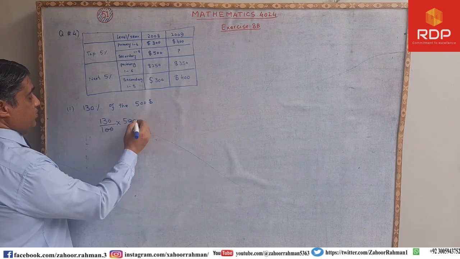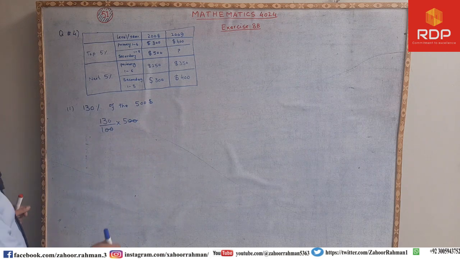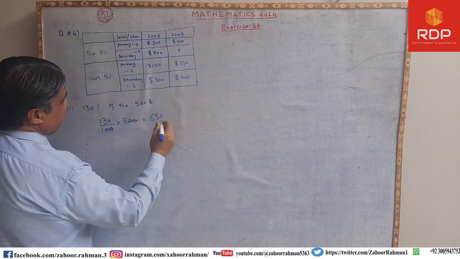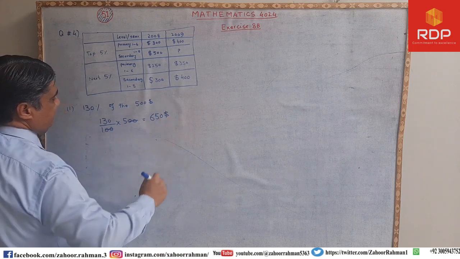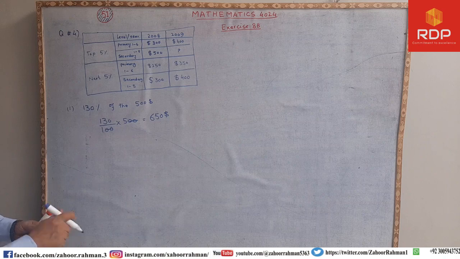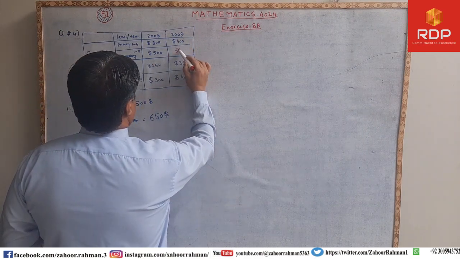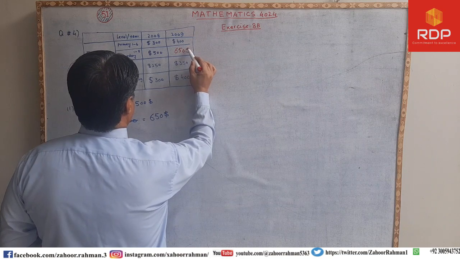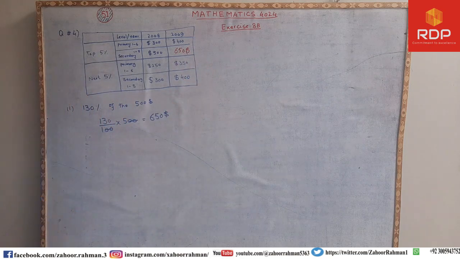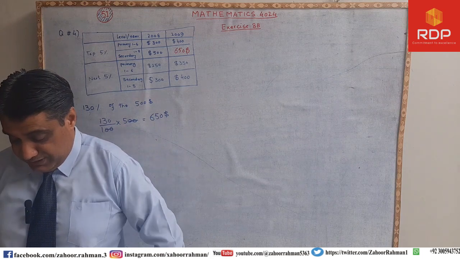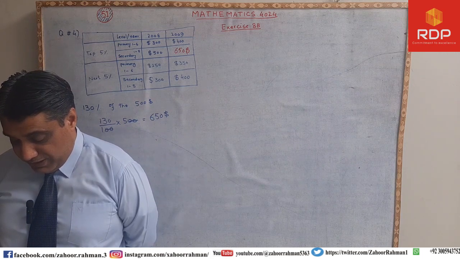These two zeros will be cancelled. So the value of next is $650. So here we have to write $650 because if 30% increase is there, the new value will be 650.